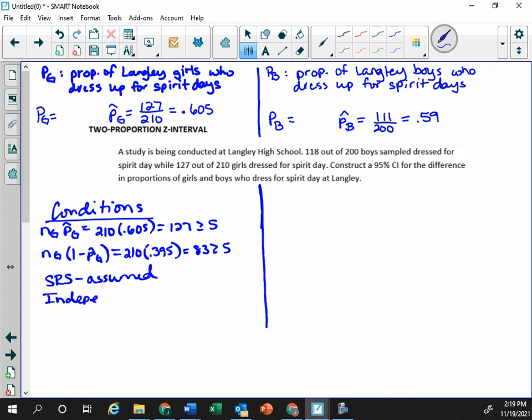Are we okay on independent on this one? All right, then you just have to go through the same thing for the other population.